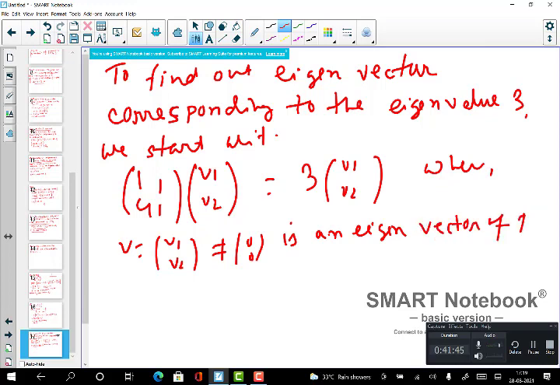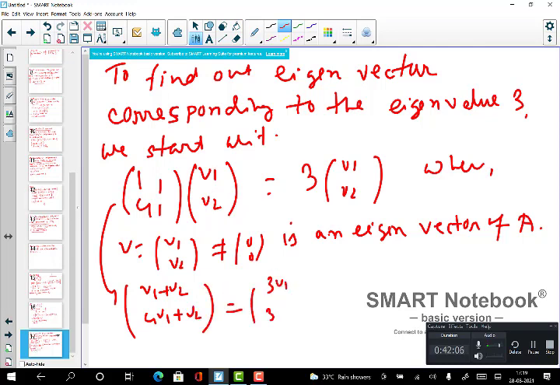Now I need to solve this equation and find what V1 and V2 look like. If you solve the equation, you have V1 plus V2, and 4V1 plus V2, equal to 3V1, 3V2.